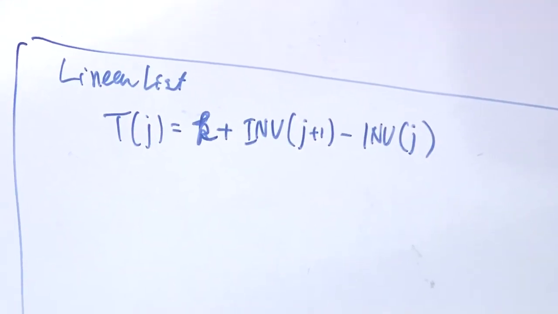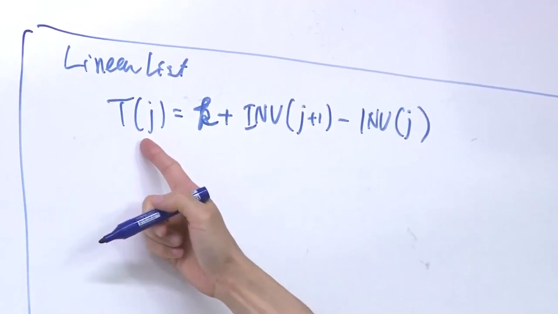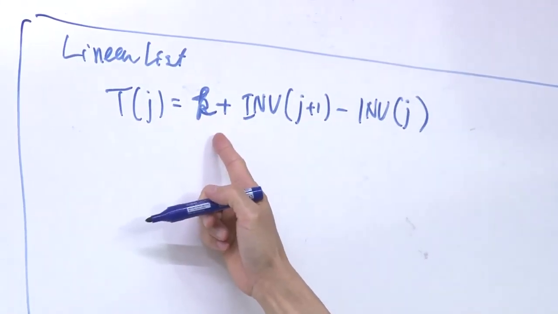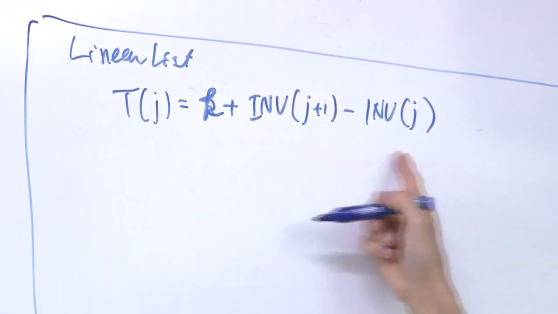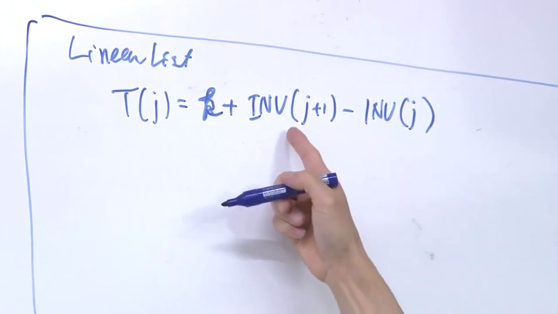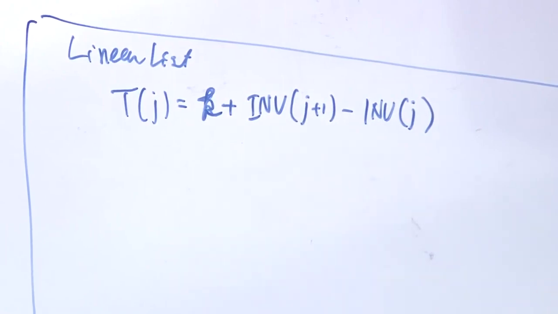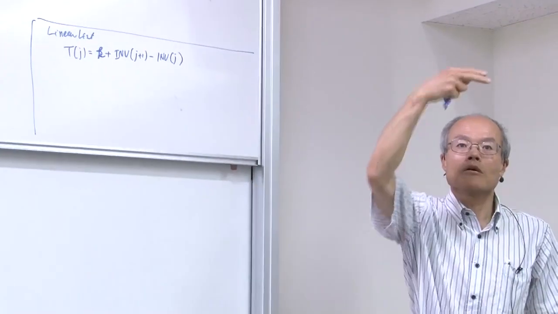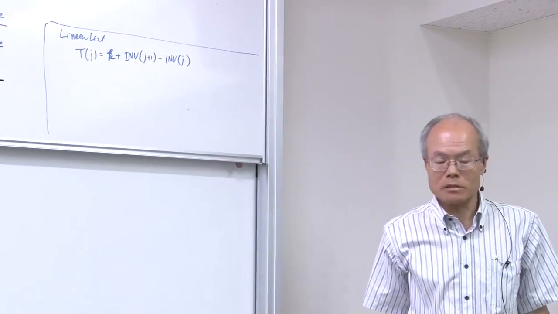The amortized cost at step J is the real cost, meaning the cost of the algorithm, plus this value minus this value. What is the inversion? Inversion is the number of pairs which are different between the opt list and the algorithm list.